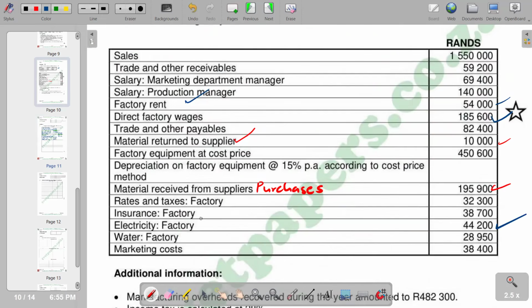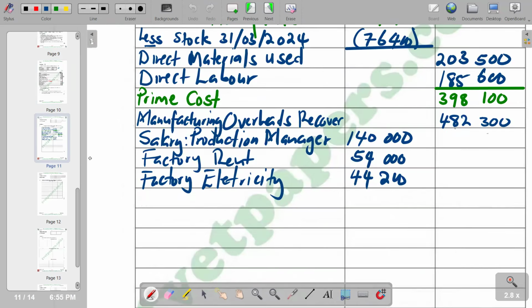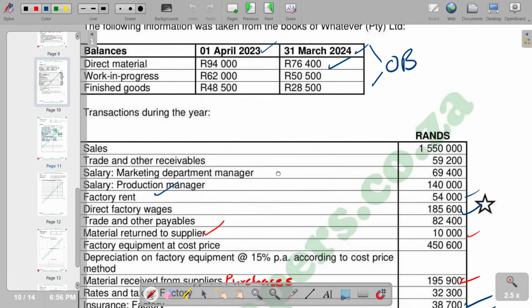And then we check in terms of others that we have. Of course, we can talk about factory insurance, 13,700. And then we check after factory insurance.